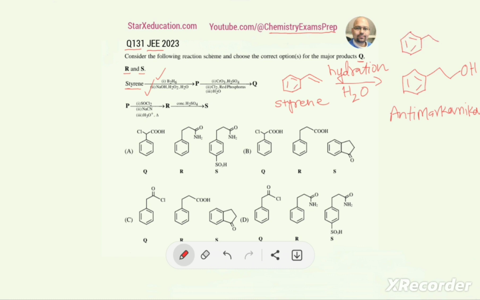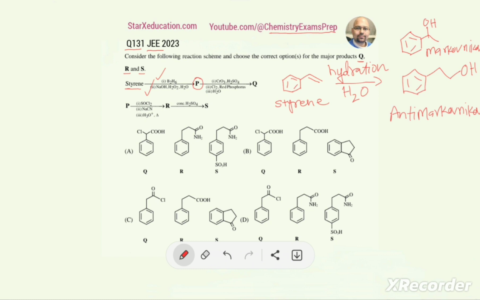So to do this type of reaction, it is the only well-known organic method where you can get the anti-Markovnikov's alcohol from an alkene. So this would be Markovnikov's product. Now, this is the identity of our intermediate product P here.